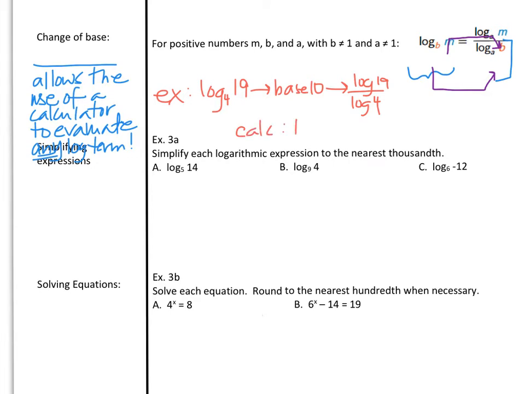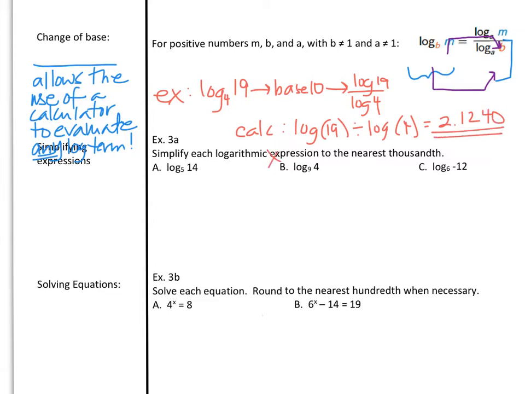You would type log, and then it gives you a parenthesis on the left, 19. Make sure to close that parenthesis, and then divided by log parenthesis 4. And you should get, to 4 decimal places, 2.1240.